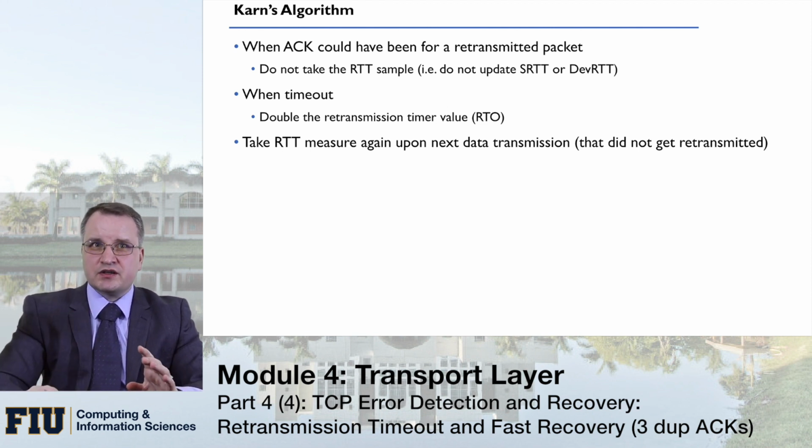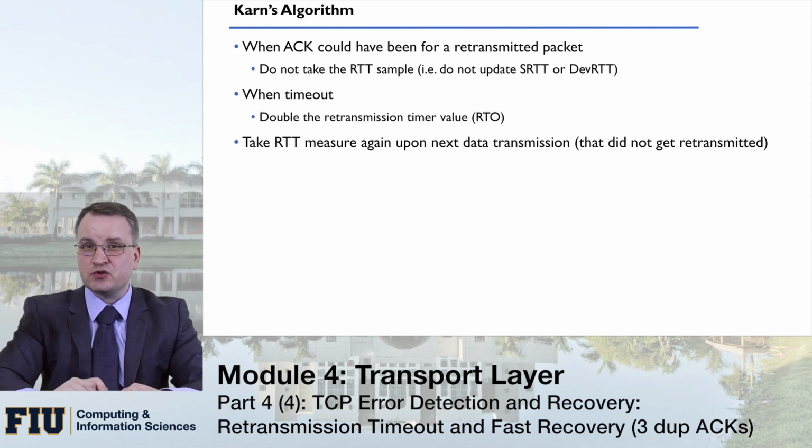Beyond the Karn's algorithm is the timestamp option of TCP that I quickly mentioned before. If that one is used, then there's actually no ambiguity, because you're no longer tying the time of sending a packet to the sequence number and the acknowledgement number.